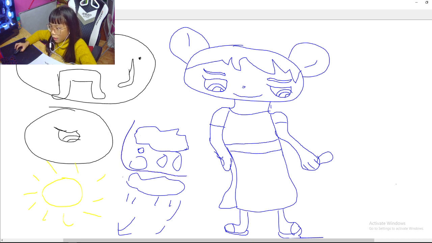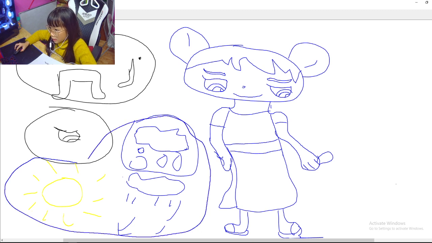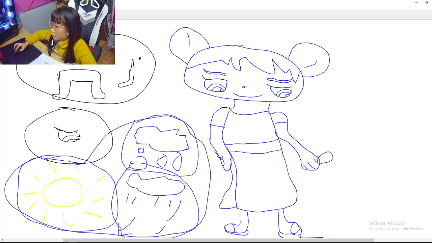And the other way is that characters need things to wear. Look at their face and look at what's the matter with them.